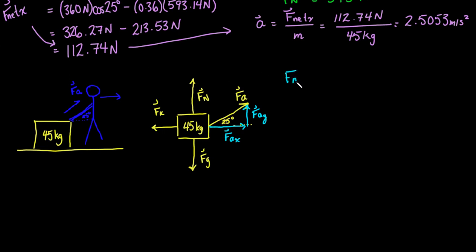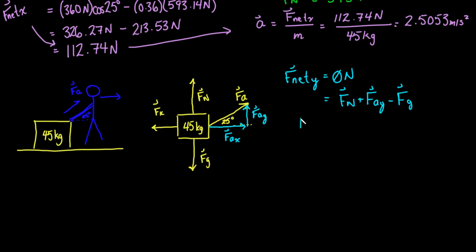Okay, F net is still 0 in the y direction. Only difference now is if you look at your forces, Fn, or the force of normal, and the applied force in the y direction both act up, where force of gravity acts down. So that becomes the only one I subtract when I add those other two forces.